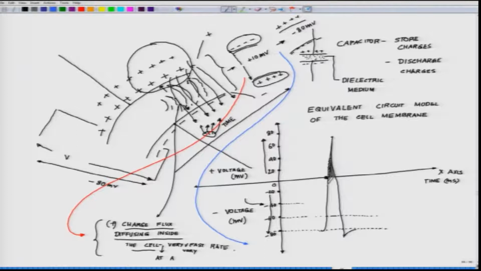What is happening? A wave of positive charges again drifts out of the cell.